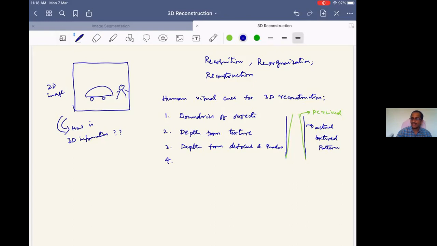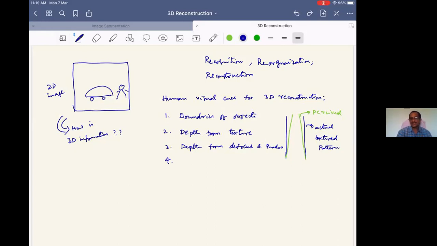If the object is uniform, and the same object is near and farther, you can notice that differently. That's what you're saying? Yes, sir. So the depth can be estimated in that way, relative to these objects. Since the different objects are at different locations, at different distances, we are estimating the depth.